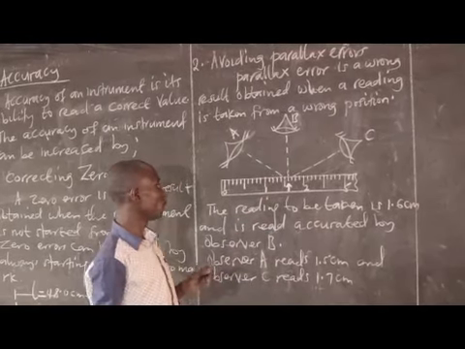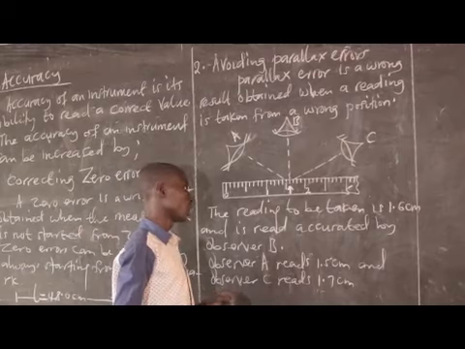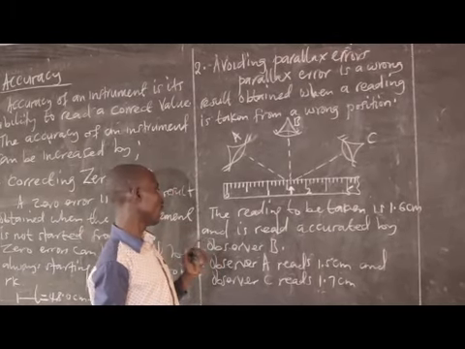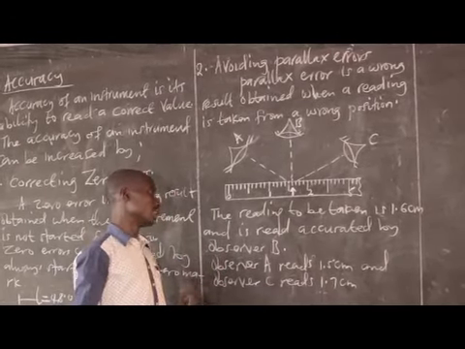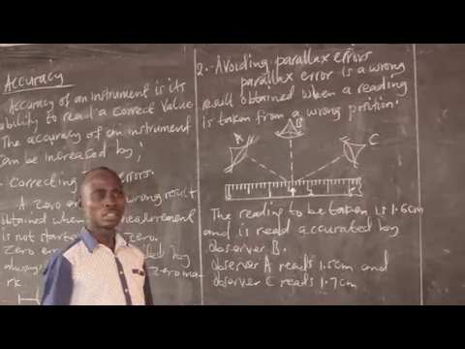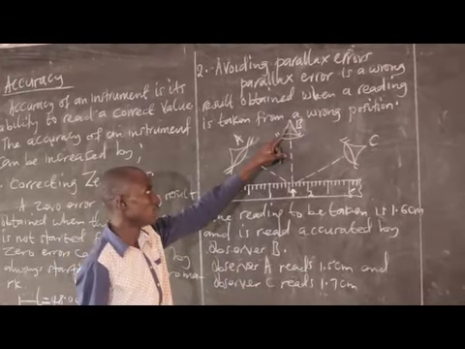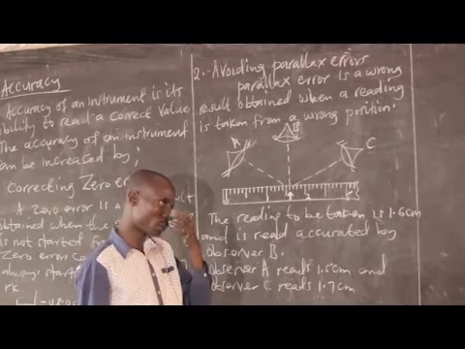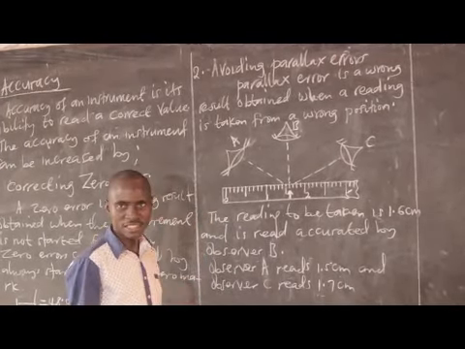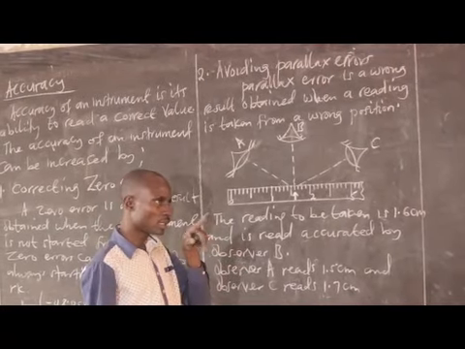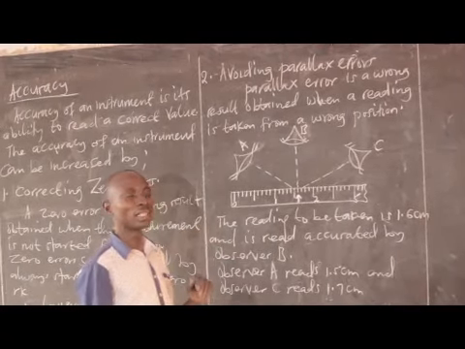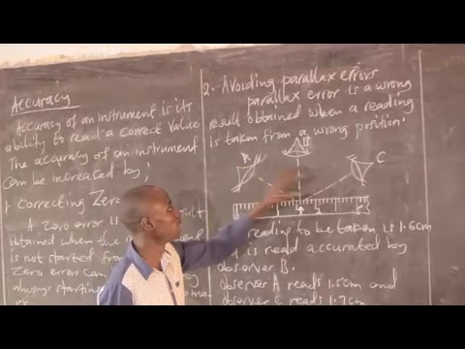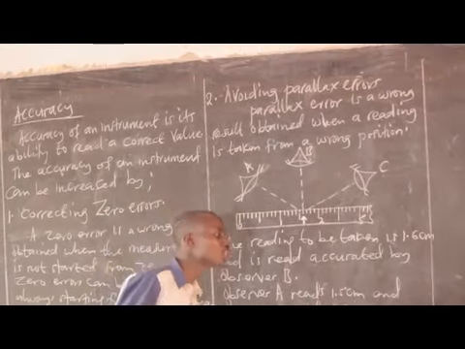That reading will be accurately read by observer B, because he has positioned his eyes perpendicular to the reading. But these ones are just peeping.